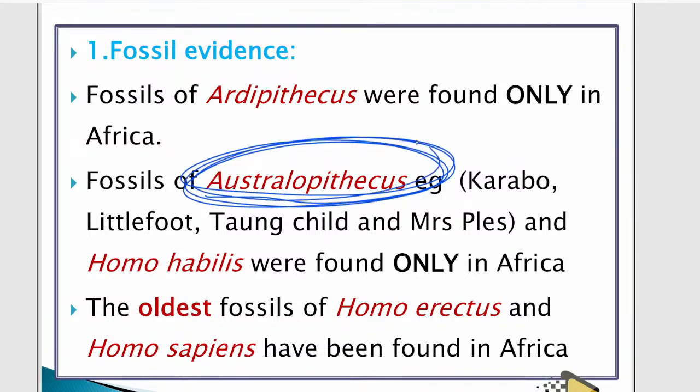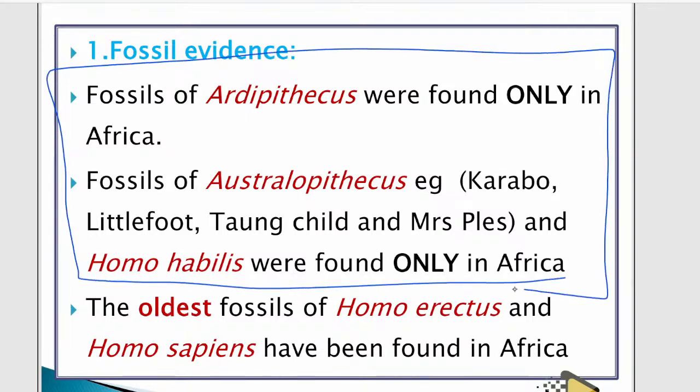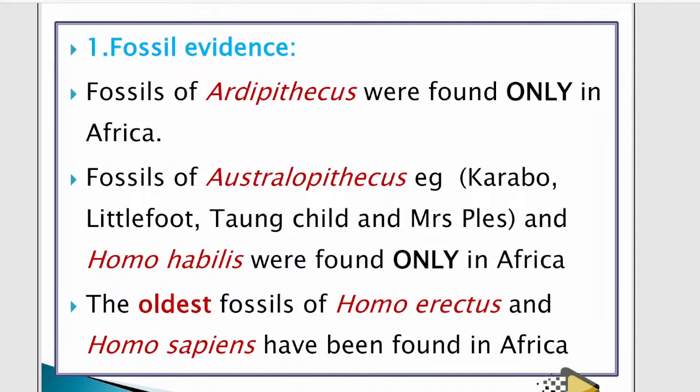You can say, for example, Karabo, Little Foot, whatever. The Homo habilis were only, again a key point, only found in Africa. That's it, you are supposed to write that answer. They just split this page into those sections.